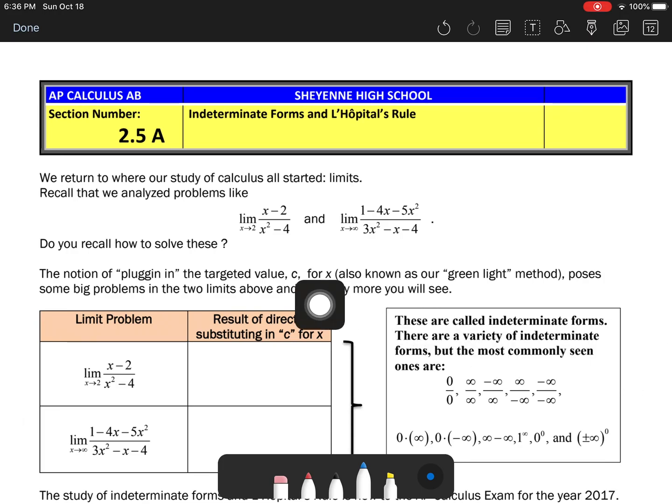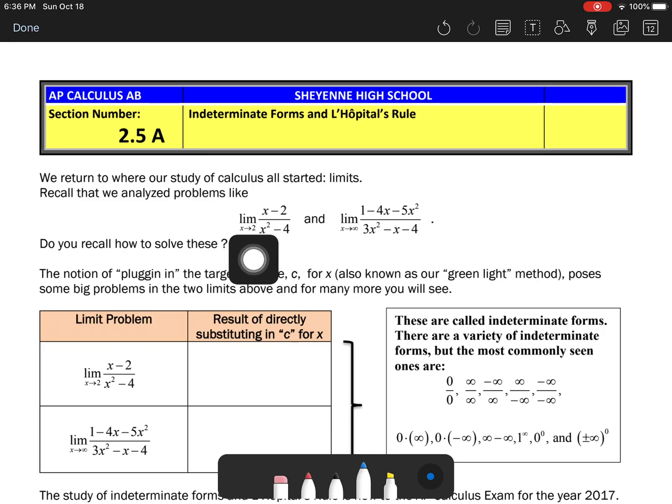Okay, so it says we return to our study of calculus, starting with limits again. So recall some of these problems that we've looked at before, and really our first approach usually was going to be to substitute directly in whatever the x value is approaching. If we plug that directly in, sometimes that's the easiest way to get the answer.